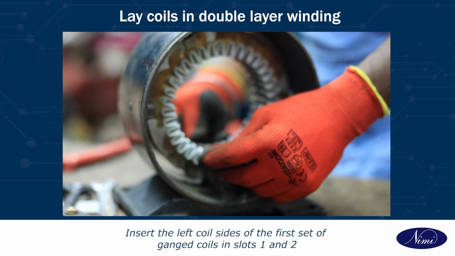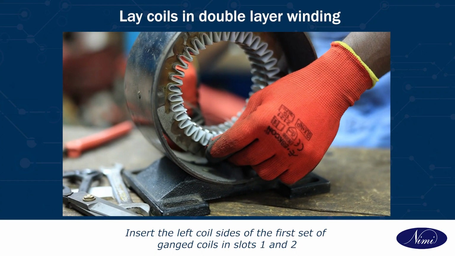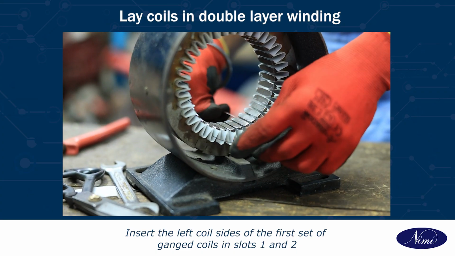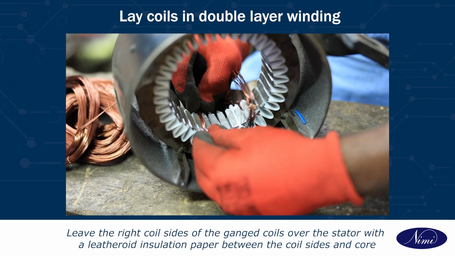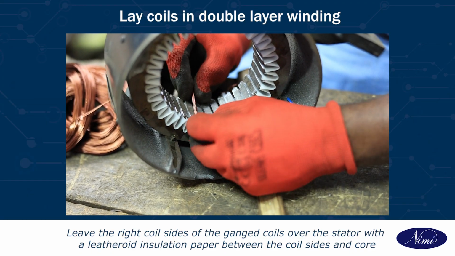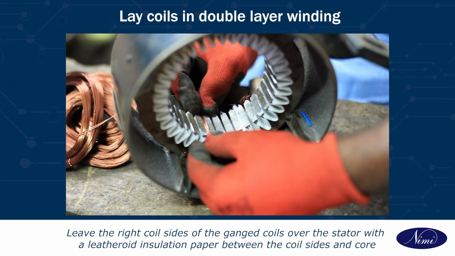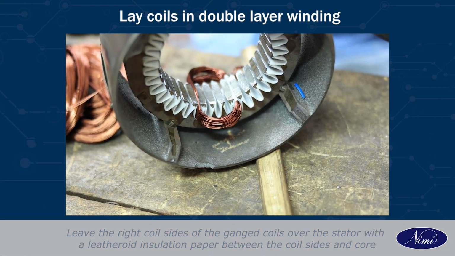Insert the left coil sides of the first set of ganged coils in slots 1 and 2. Leave the right coil sides of the ganged coils over the stator with the leatheroid insulation paper between the coil sides and core.